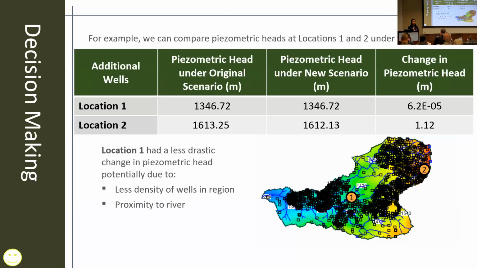For example, if you want to build in a different location, what's the impact of pumping around 200 cubic meters per day on the change in the water level, and the people who are managing these boreholes in the area will decide, do we want to drill here or do we not?